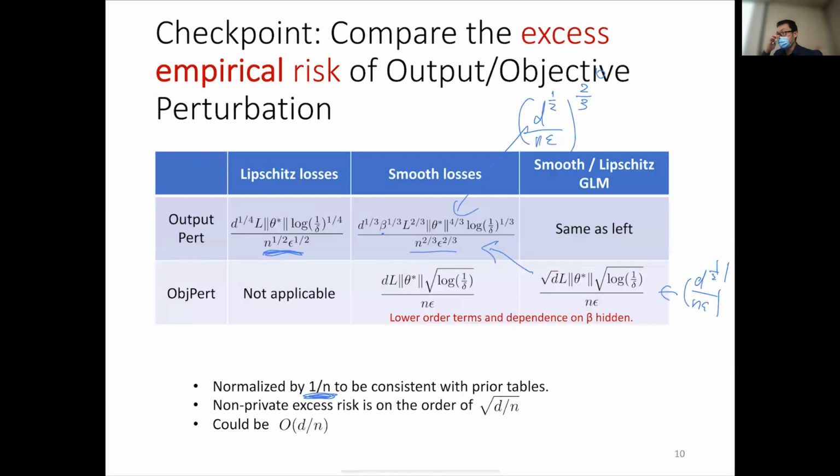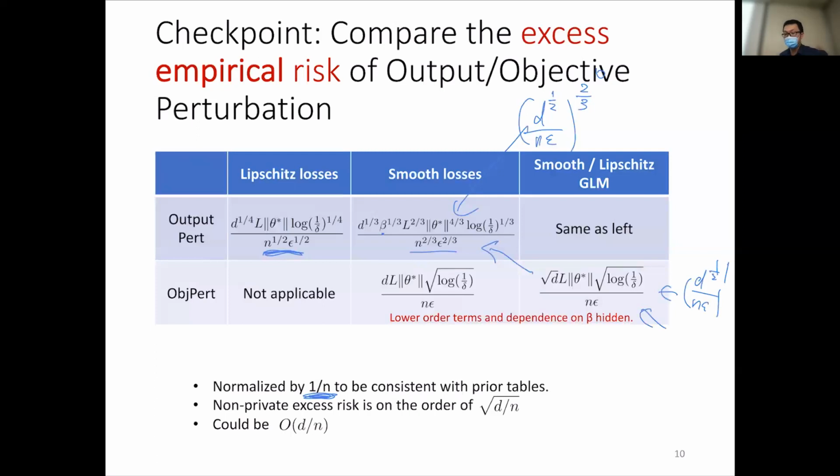So in the regime when n epsilon is larger than d, in any sense that the result is non-trivial, this term dominates the result that you will get from output perturbation. Okay, but there are cases when the objective perturbation is just not applicable.